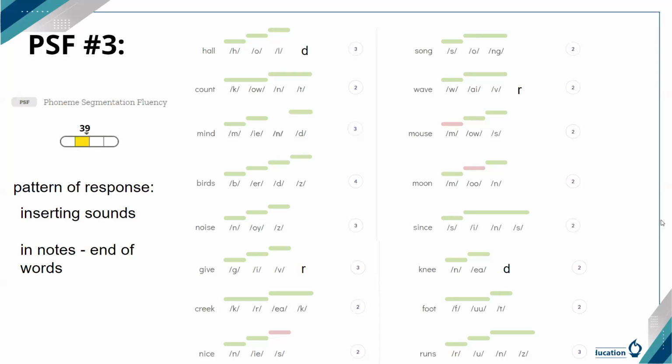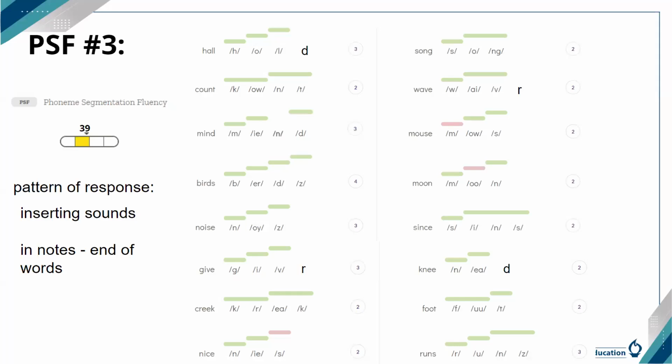But it's not considered incorrect because there's no way to score inserted sounds, which is why you would want to indicate in the pattern of response that the student is inserting sounds.